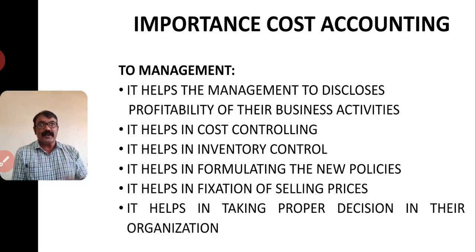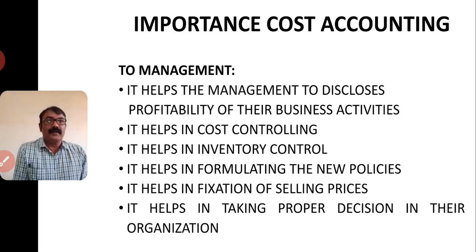Cost accounting is very important for cost controlling. In financial accounting, it doesn't express anything about the budget or how much the expenses will be. It prepares the profit and loss account and balance sheet at the end of the year.